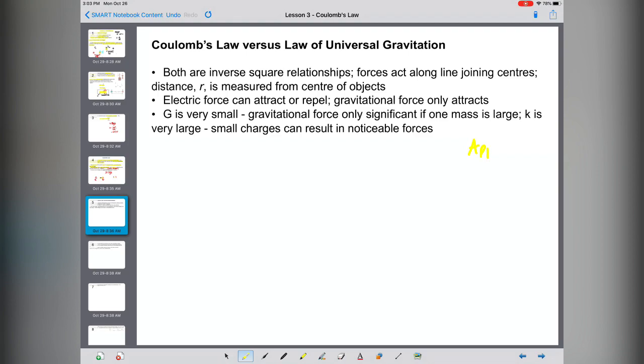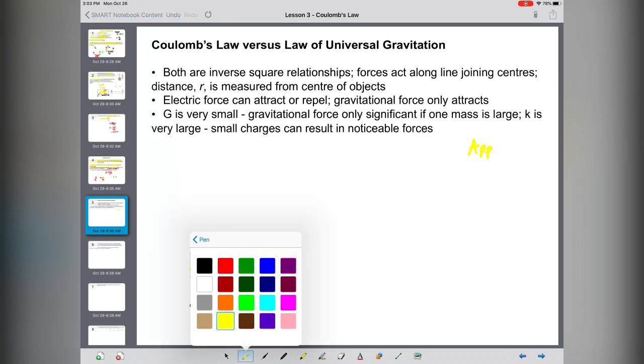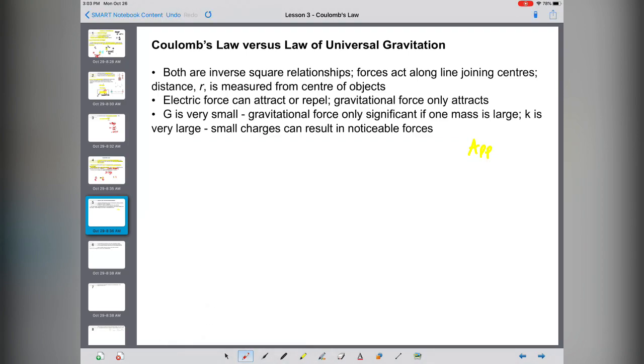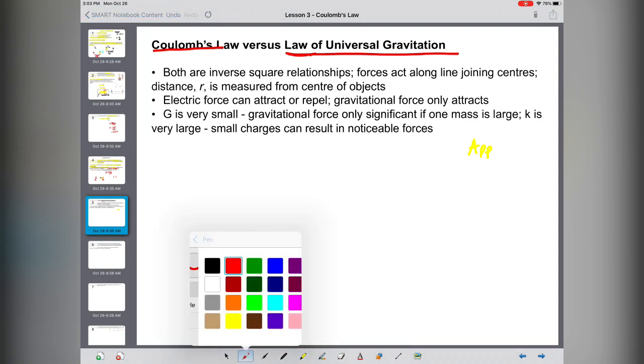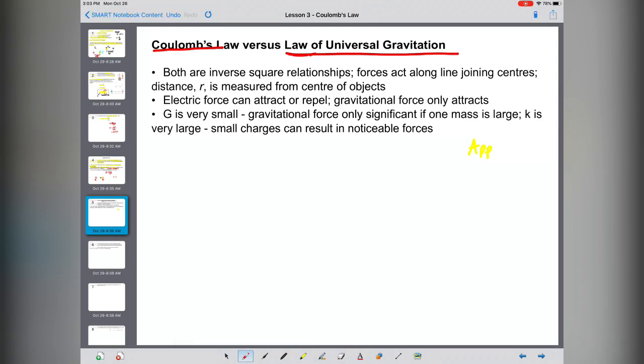Okay, very good application type of question: talking about similarities and differences between Coulomb's law and the law of universal gravitation. Both are inverse square laws. They both have forces acting along the line joining the objects, with the distance r measured from the center of the object.